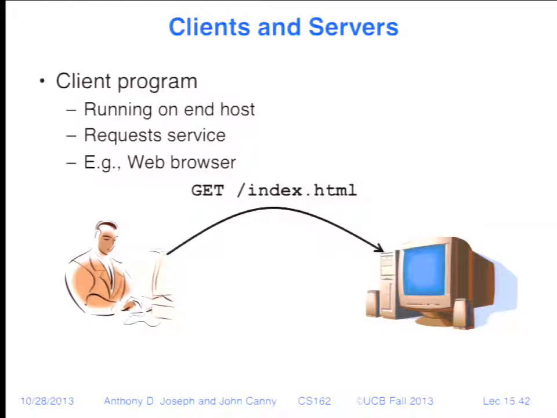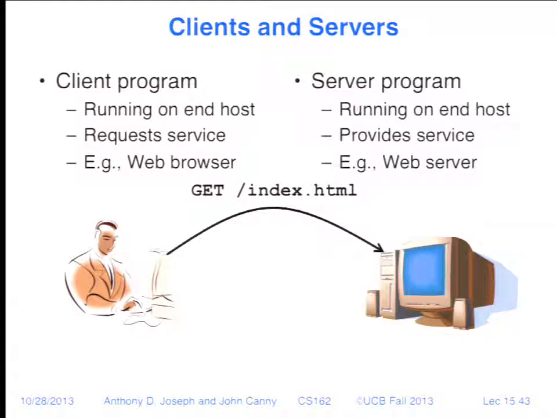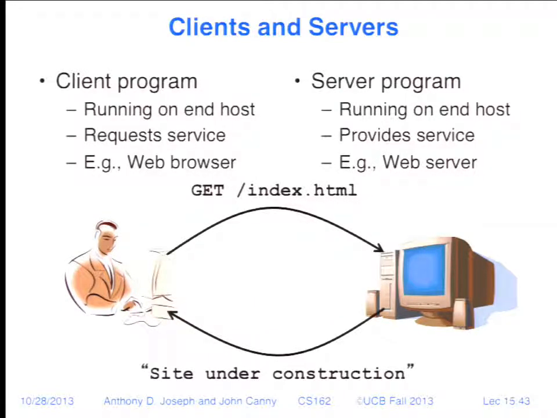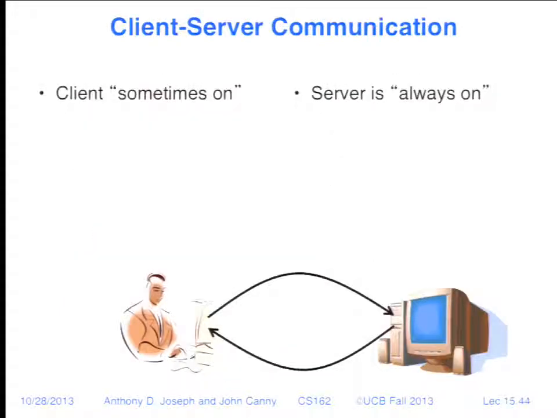So a client program is something running on a user's host, requests a service, say a GET request from an HTTP server, requests a specific document. The server program is also running on another IP host, provides the service, and implements, say, a web server, which is a large protocol for responding to queries. In this case, the site's not available. Come back again later.